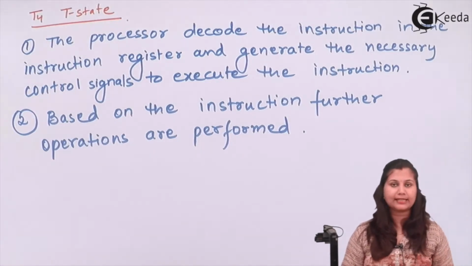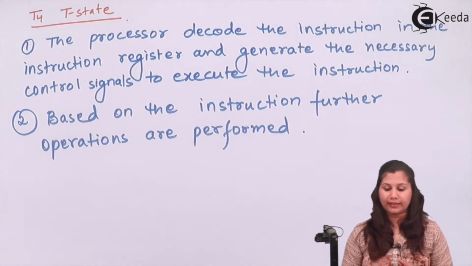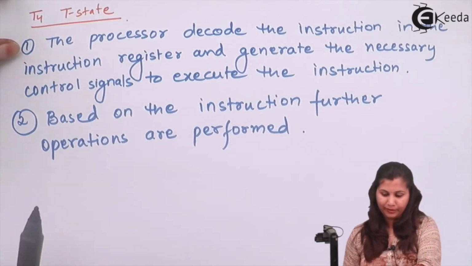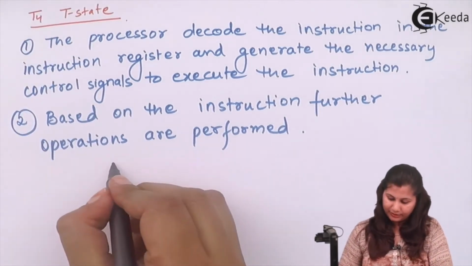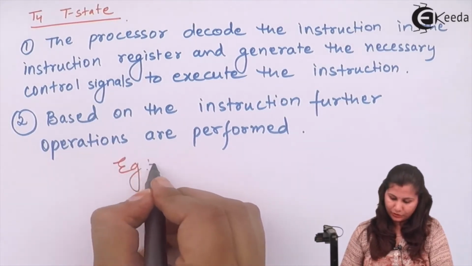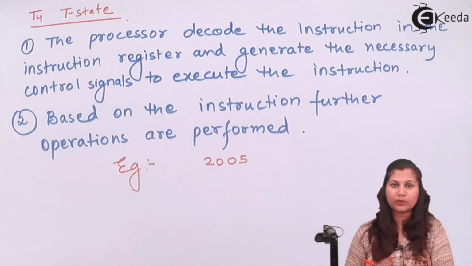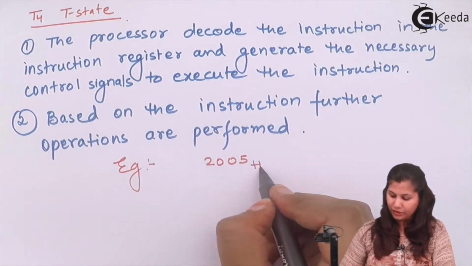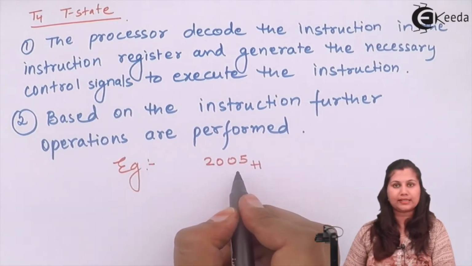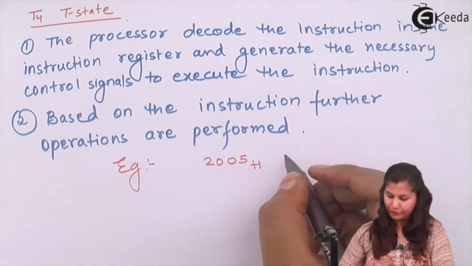Now let's take an example of an instruction to see how this opcode fetch machine cycle takes place. Let's take the instruction written at the memory location 2005H. H means that this address is in hexadecimal notation.